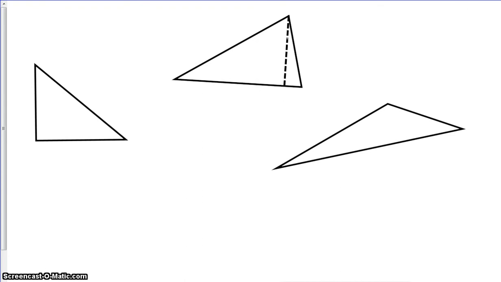There we go. From this one to that side. Right there looks to be right, and then here to this side is our right. So that is our orthocenter, and it is inside. So the orthocenter is inside the acute triangle.